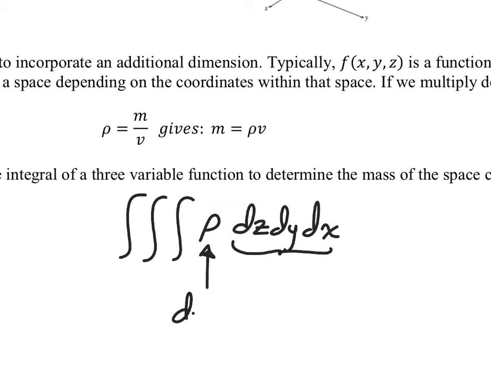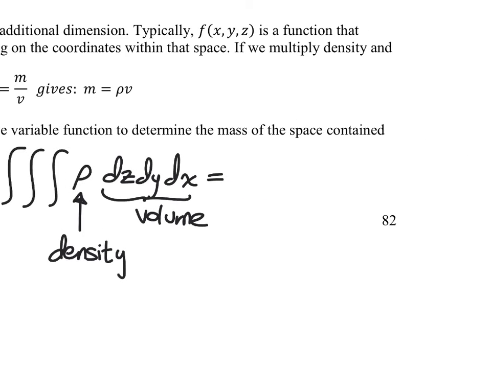So the product of density and volume gives us mass. So the triple integral of density and volume gives us, as a result, the combined mass over a space.